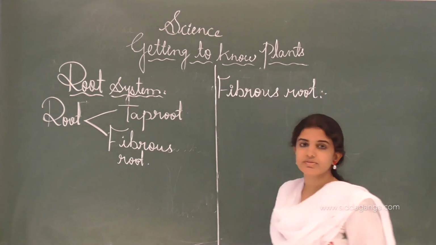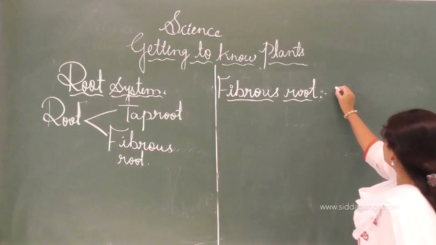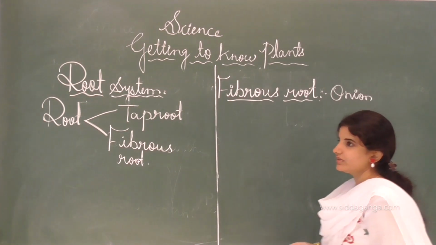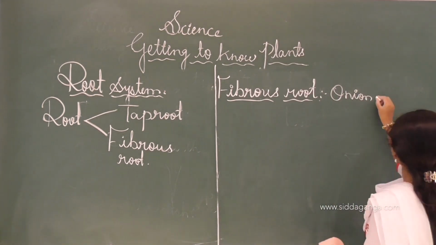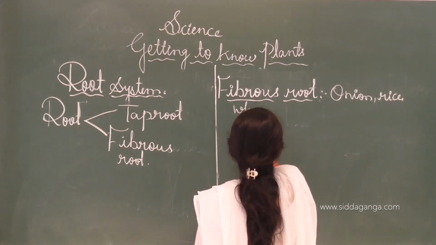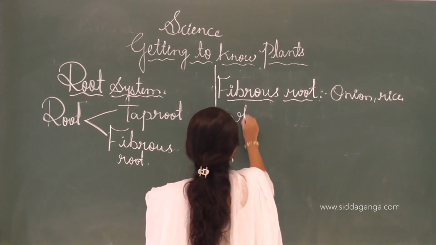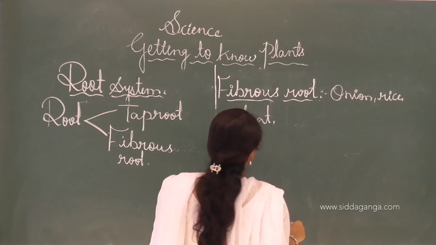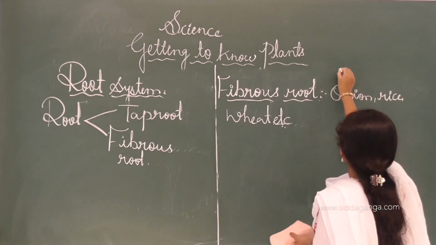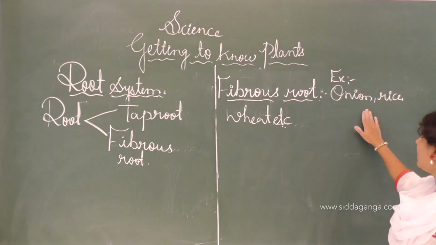Examples for fibrous roots are onion, different types of rice plant, rice, wheat, etc. See, fibrous roots, examples are onion, rice, wheat.